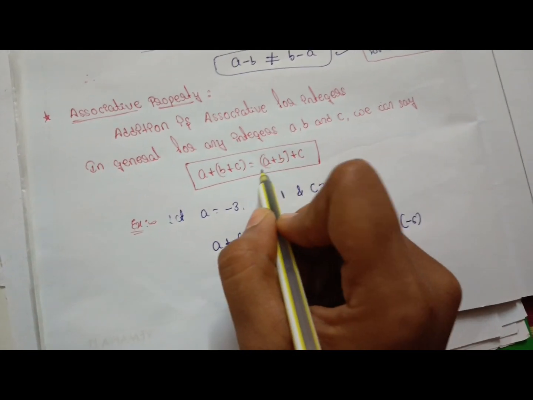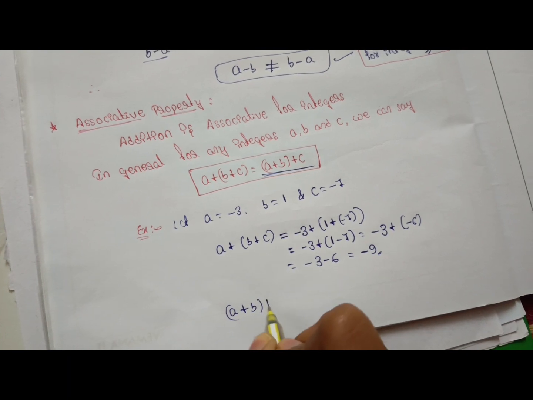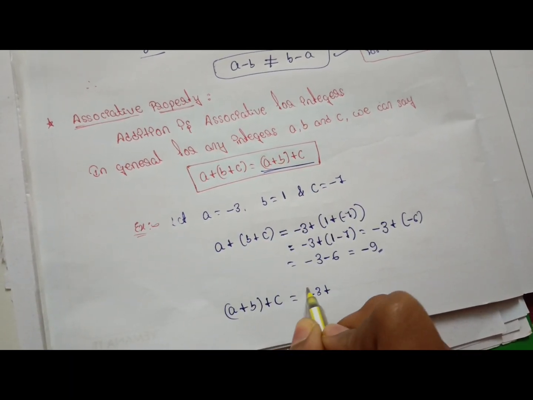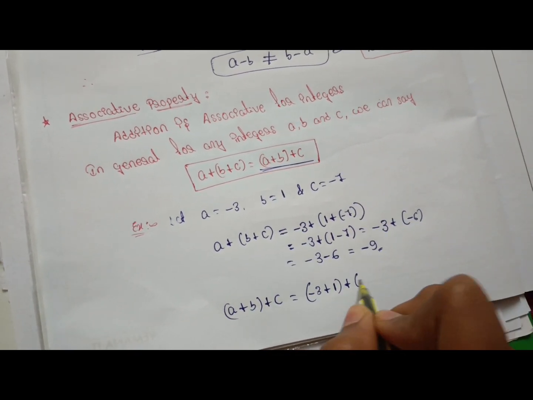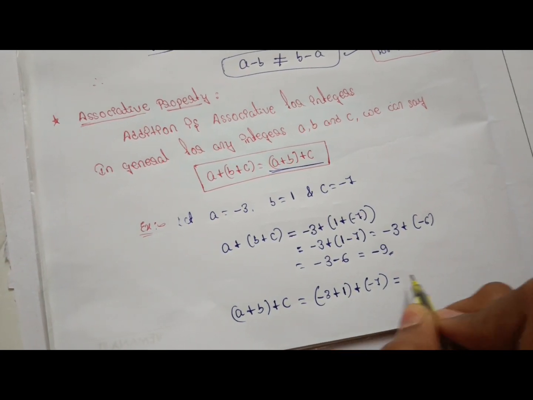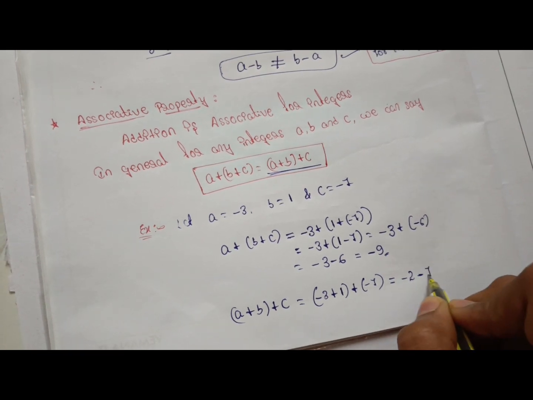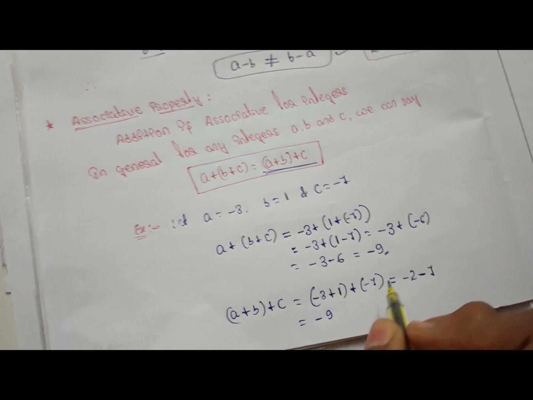And let's check this formula. A plus B plus C is equal to A is equal to minus 3 plus B is equal to 1 plus C is equal to minus 7. This is equal to minus 3 plus 1 minus 2, plus into minus, minus 7, minus 2 minus 7 is equal to minus 9.